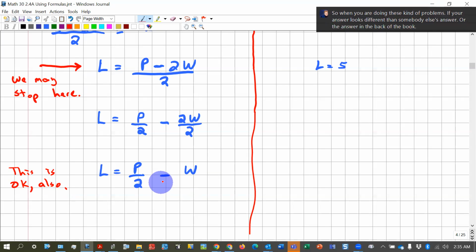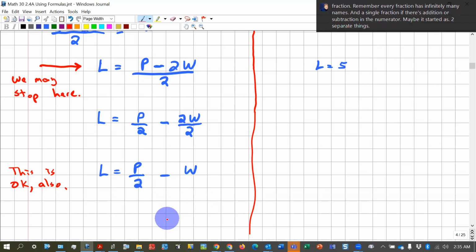see if it's one of these situations in particular, because whenever an answer is a fraction, remember every fraction has infinitely many names. And a single fraction, if there's addition or subtraction in the numerator, maybe it started as two separate things that were being subtracted.